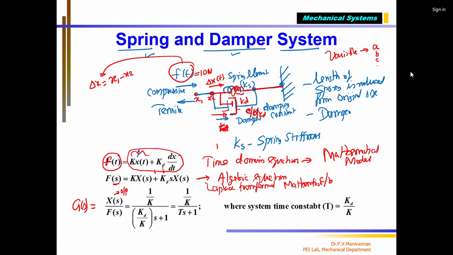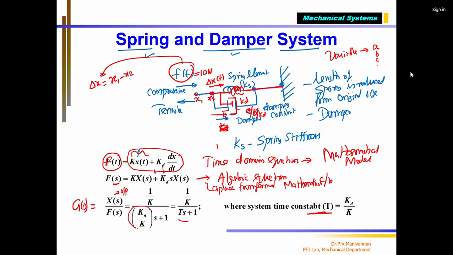That is nothing but the position of the piston, or the change in spring length, divided by input force F of s, equal to 1 divided by k into kd divided by k times s plus 1. And this can be written as 1 divided by k over T s plus 1, where the capital T represents this term.